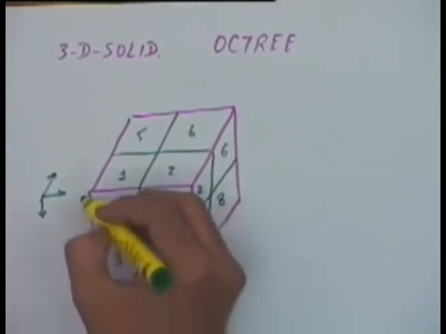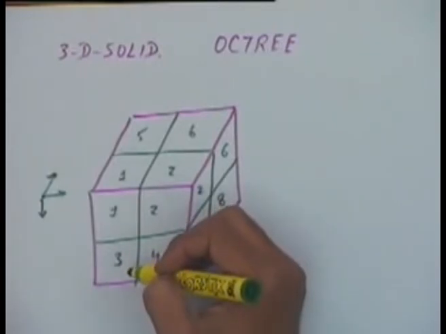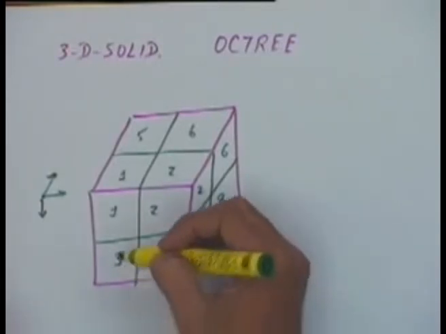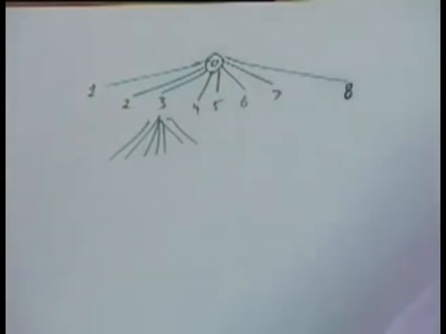This is divided into 2 portions here, 2 portions here and 2 portions here. So we get 2 cube, that is 8 parts of a cube, and similarly in a 2-dimensional space we got 4 parts. So for a 3D object we get an octree, and this octree will have the same properties as a quad tree.